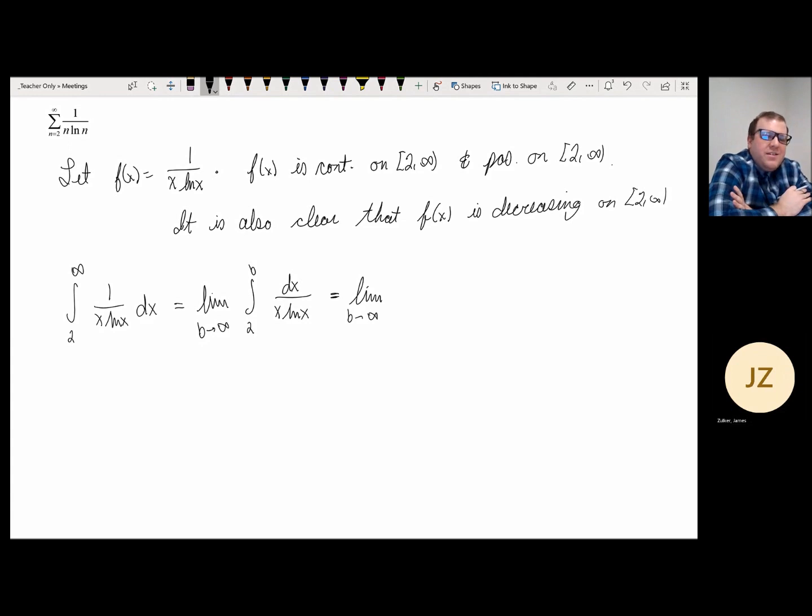What is that antiderivative? What is it? Notice you can drop the absolute values, right? Because log x is guaranteed to be positive, so you don't need them.